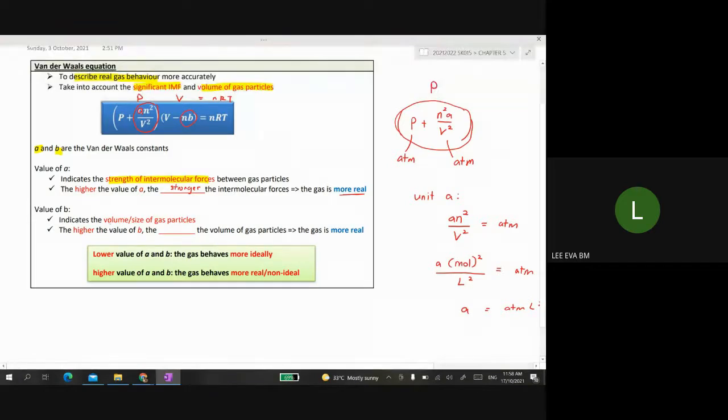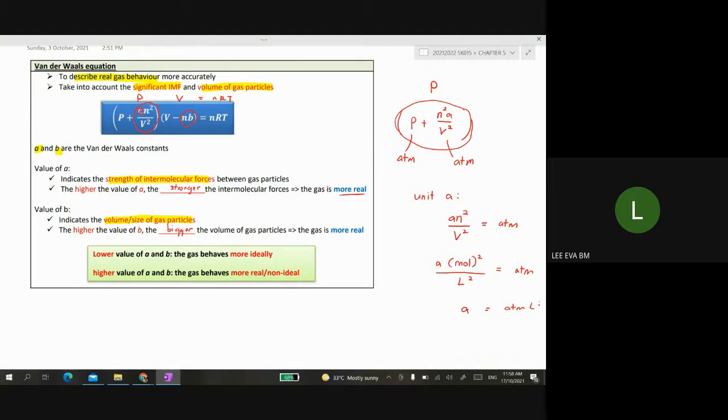So if you have a bigger value for B, we have a bigger volume or bigger size of the gas particle, and therefore we can say this gas is more real.